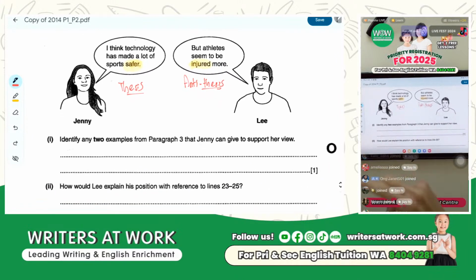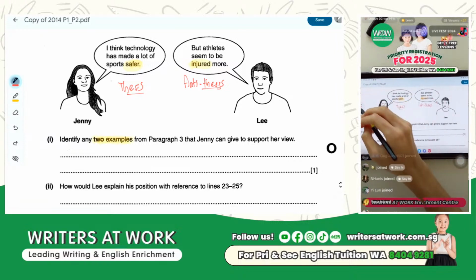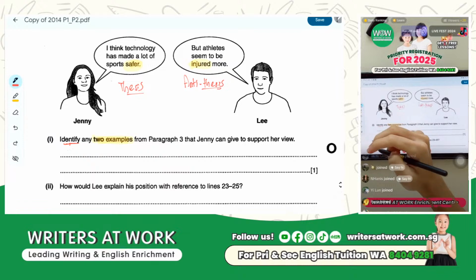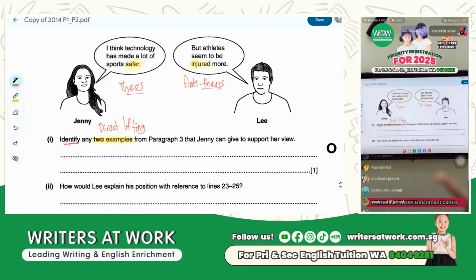Question 16 here looks at two things. They ask you to show two examples. When they just ask you to identify, it's very straightforward. It will be a direct lifting from the text. So I see what is in the text, take out what is needed and paste it here as my answer. Easy.